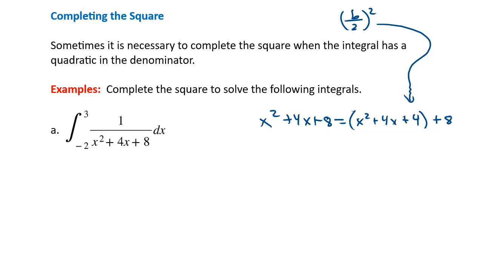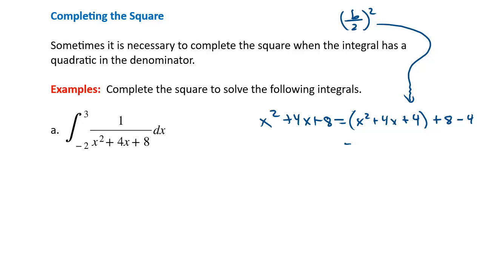Okay, now that'll give us a complete square. But what we did, we added plus 4 on the right-hand side of the equation. You can't just write plus 4 on the right-hand side of the equation and it's still equal to x squared plus 4x plus 8. So we have to subtract 4 outside those parentheses. Right. So if you add all that together, we're still going to get x squared plus 4x plus 8, because the 4 and the minus 4 would cancel.